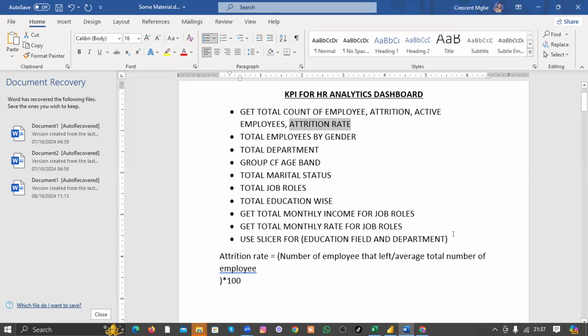It's a formula like this. To get the number of employees that have left, you must have gotten the attrition as a KPI or as a card. You must have gotten the total number of employees, and then you can use it to calculate the attrition rate. So just follow through, you'll get it.